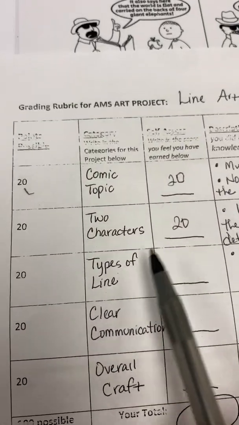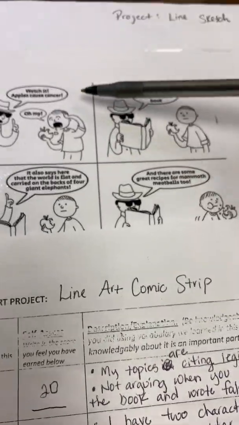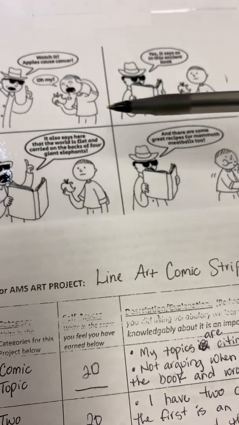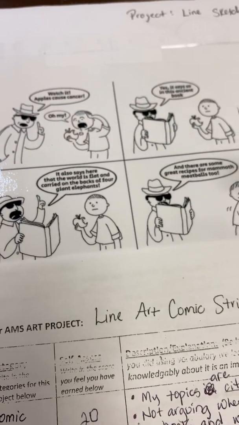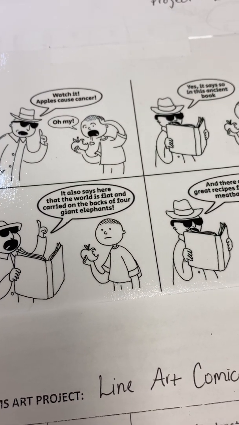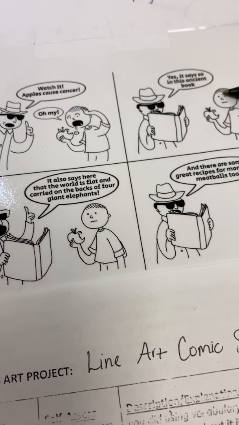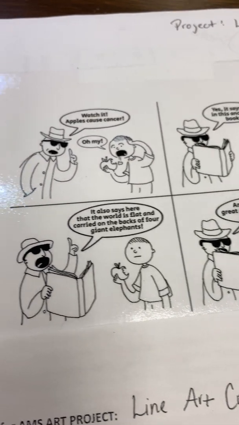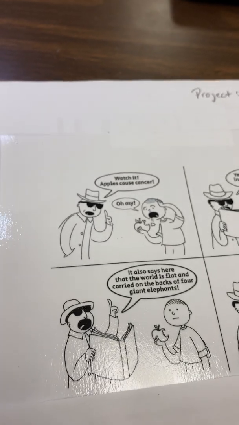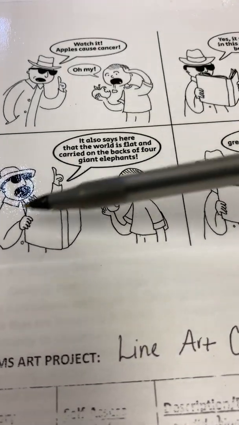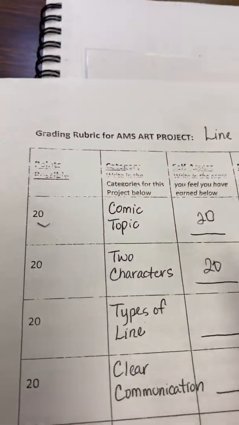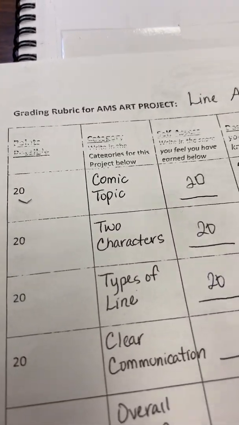Do you have all 5 types of line? Okay, we have a vertical line, we have a horizontal line. Now, if you did this style, you automatically have those, right? I have vertical here, I have diagonal here, I have a curved line here, curved lines in the hair. I have zigzags here in the shirt, if you want to count that as a zigzag. So can you identify your types of lines in your drawings? Okay, so I have all 5. I'm going to put 20 and I have all 5.